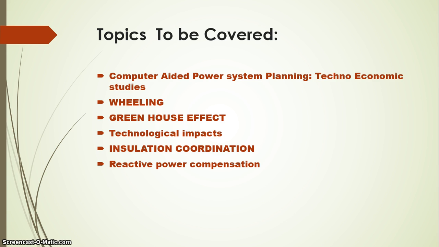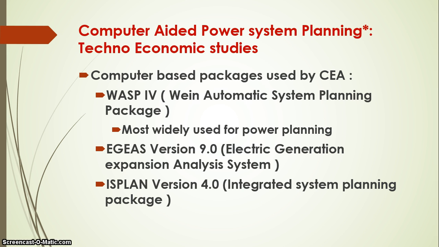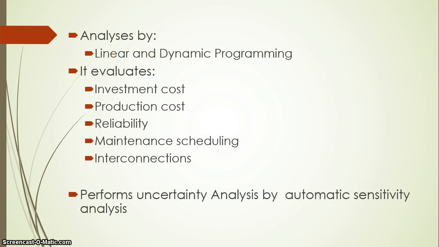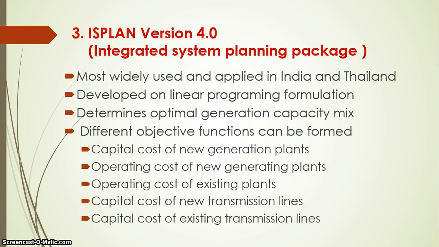Under demand side planning, we have covered computer aided power system planning, in which we have seen three important softwares: Wien Automatic System Planning Package, Electric Generation Expansion Analysis System version 9, and Integrated System Planning Package IS Plan version 4, where IS Plan is the most widely used power system planning package used in India and Thailand.